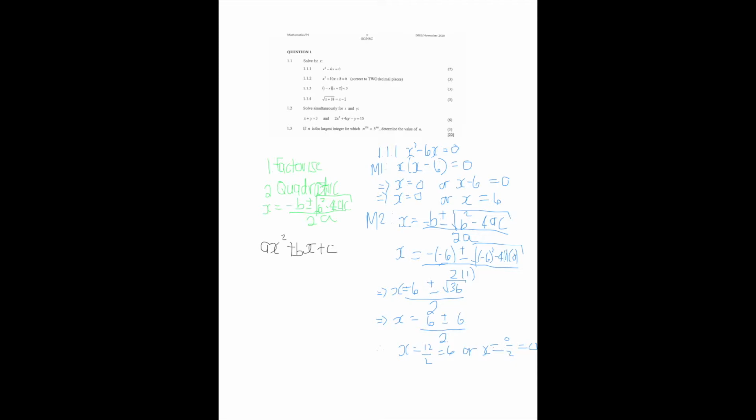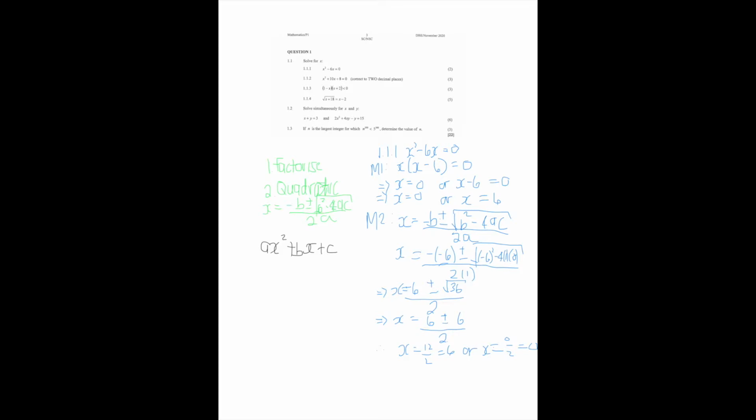Right, so we can see that whether we use the factorization method or the quadratic formula, we arrive at the same answers for the x values. Now, when it comes to how you get your marks, your first mark comes from factorizing correctly if you use the factorization method.